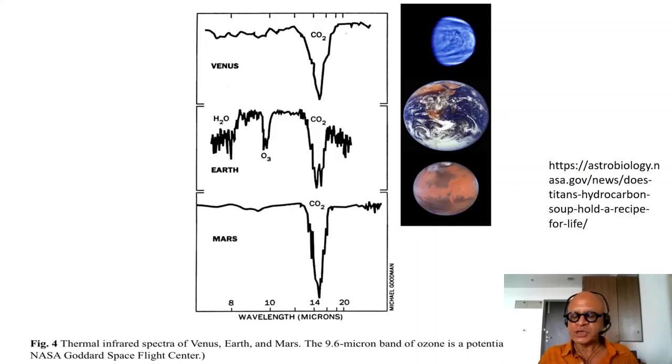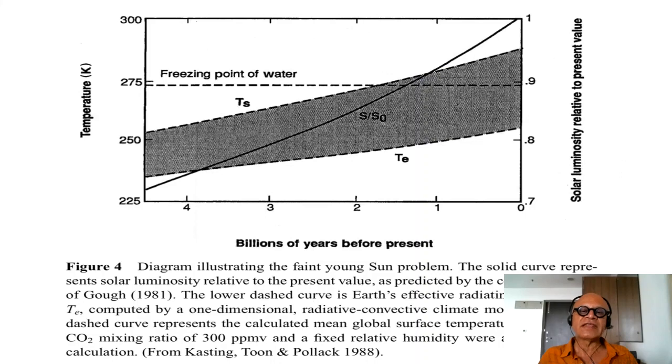So the questions that arise for Earth then are few. One is to explain the fact that Earth's temperature has remained basically above freezing throughout its history, which is to be explained because the Earth's luminosity has increased over time, as we saw before.